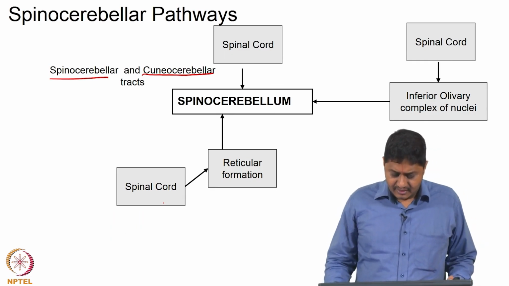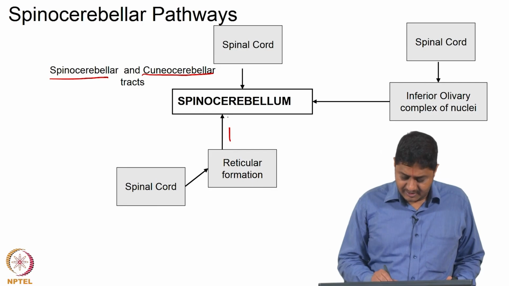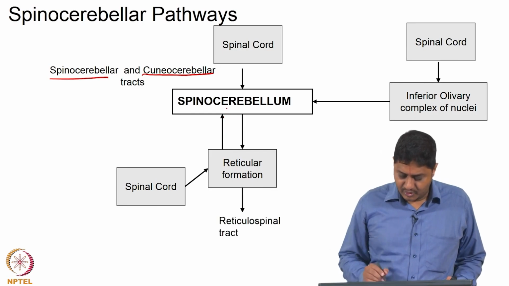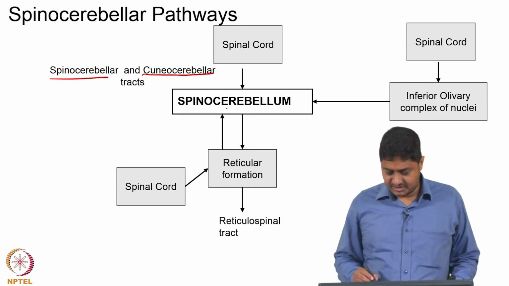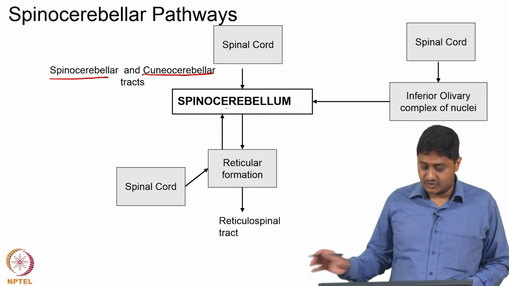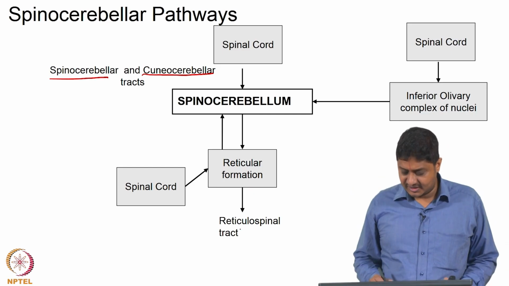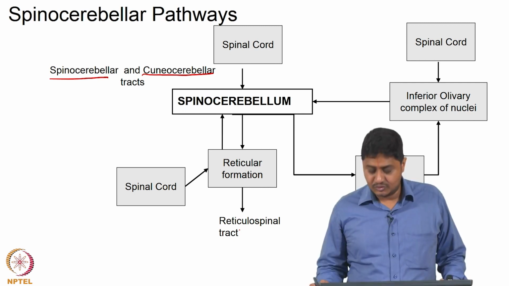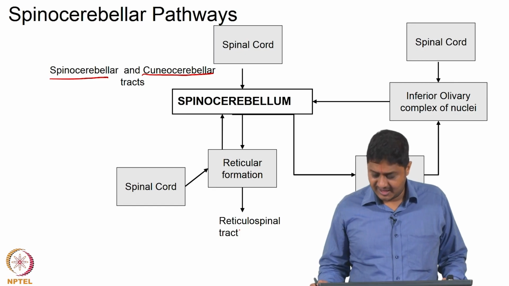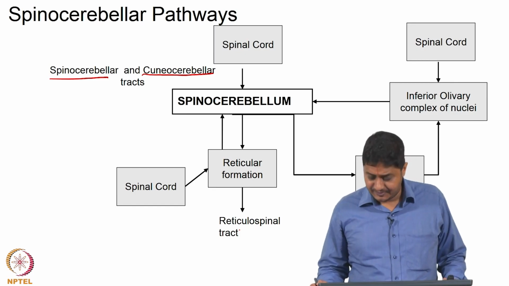From there is projection to the spinocerebellum, so that is one, there is more actually, and the spinocerebellum projects back to the reticular formation, and the reticular formation controls the spinal cord via the reticulospinal tract, and spinocerebellum also projects to the red nucleus and through the rubrospinal tract controls the spinal cord.